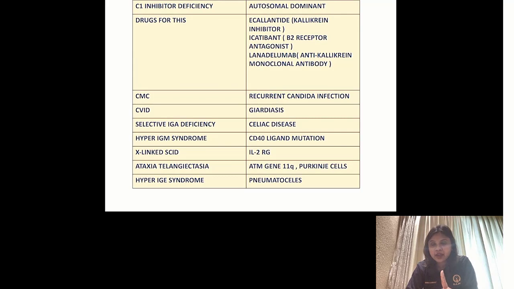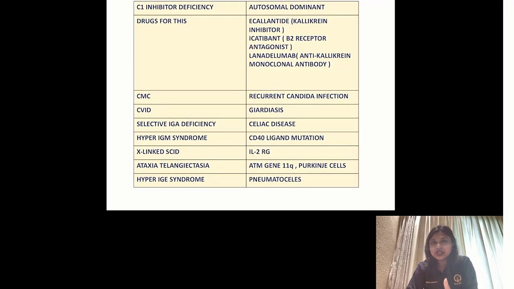Next is icatibant. Icatibant has been asked previously in NEET PG. B2 receptor antagonist. That is, what is B2? It is not beta 2. It is B2, bradykinin receptor antagonist. And lanadelumab. Lanadelumab is anti-kallikrein monoclonal antibody.